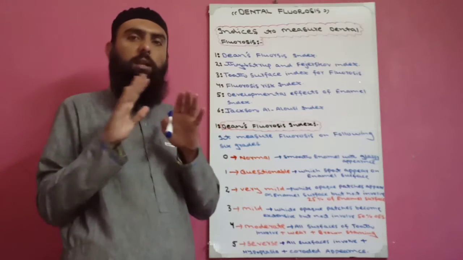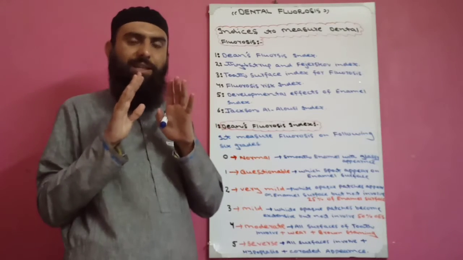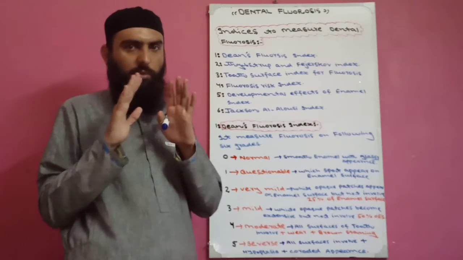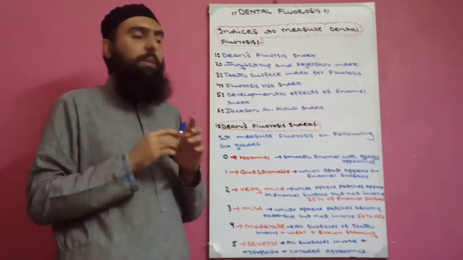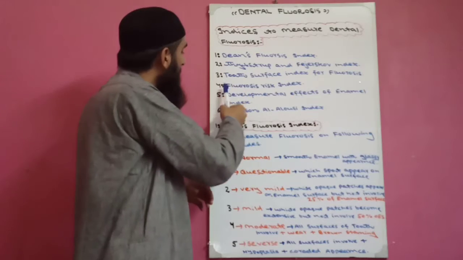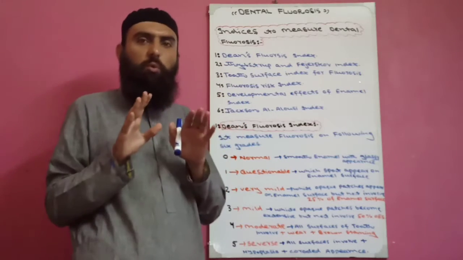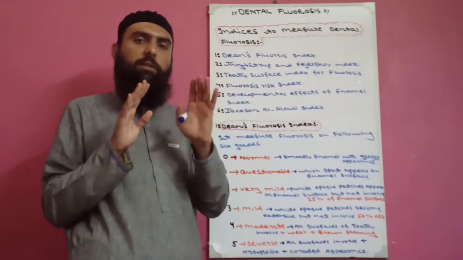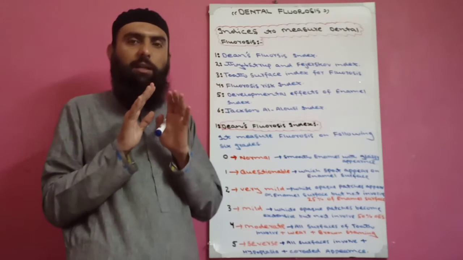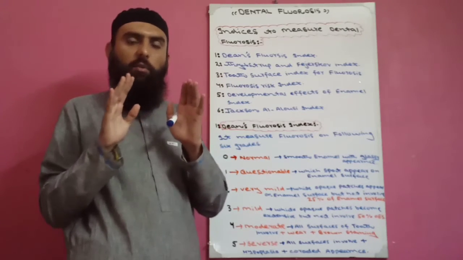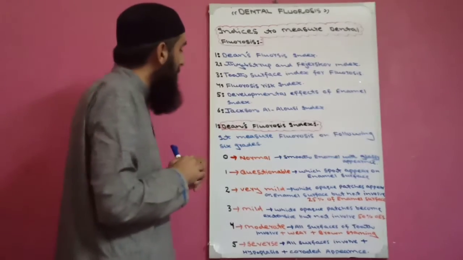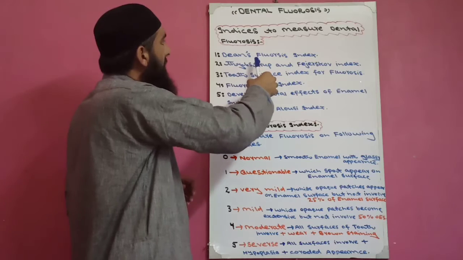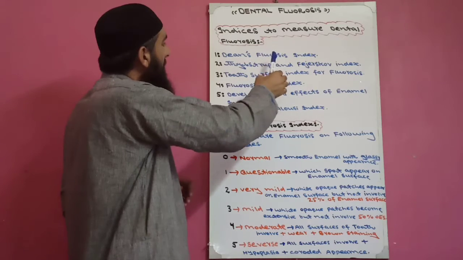It is widely used clinically and it is also very important theoretically. For the rest of the 5 indices, we should only remember the names, but in detail we will study the Dean fluorosis index.